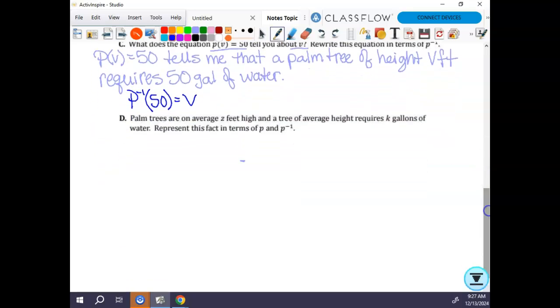So then it says palm trees are on average Z feet high, and a tree of average height requires K gallons of water. Represent this fact in terms of P and P inverse. So we're going to have P of something equals something, and P inverse of something equals something. Make that happen from that equation.